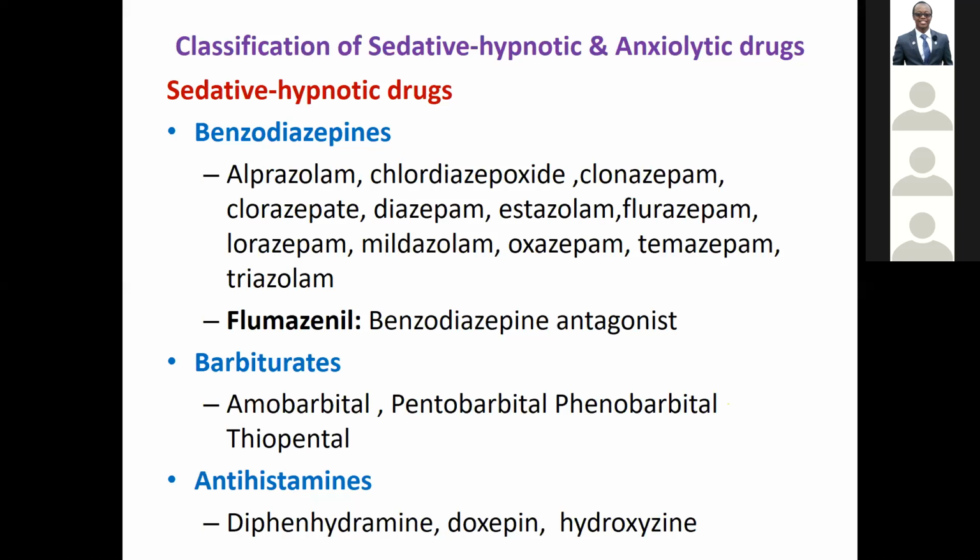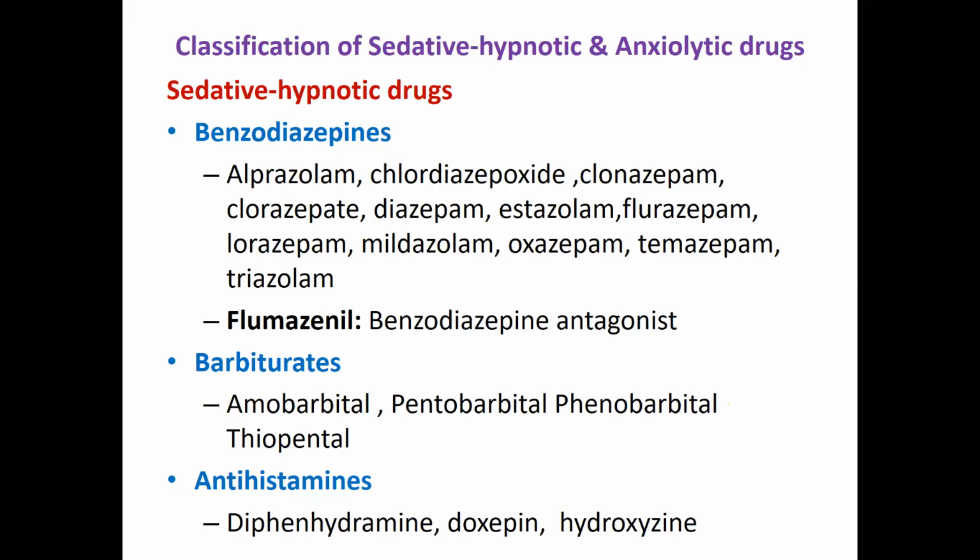So the first group are benzodiazepines, like alprazolam, clonazepam, etc. What I want you to do this time is to critically look at all these drugs, the pharmacokinetic parameters of these drugs, which is fast acting, like alprazolam is fast acting, for example. So you have to look at the half-life. You have to look at the metabolism of each of them.